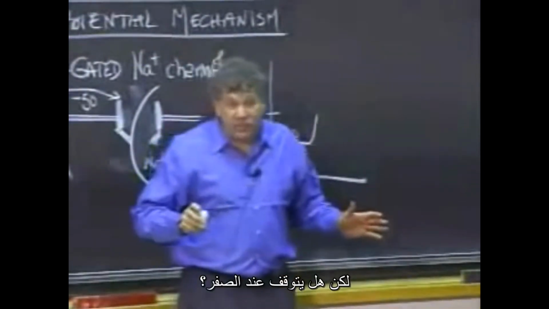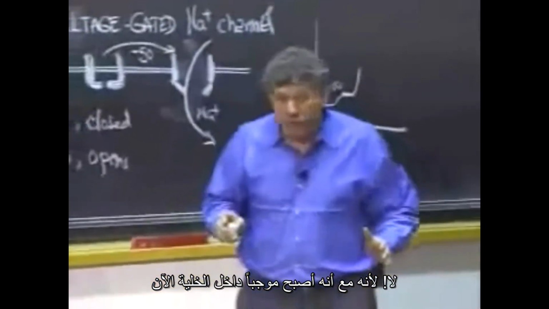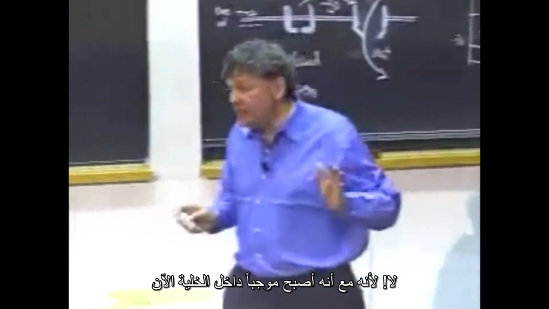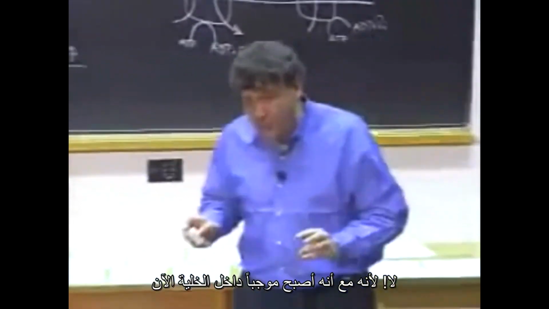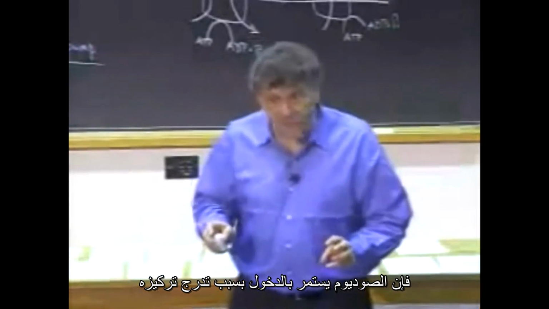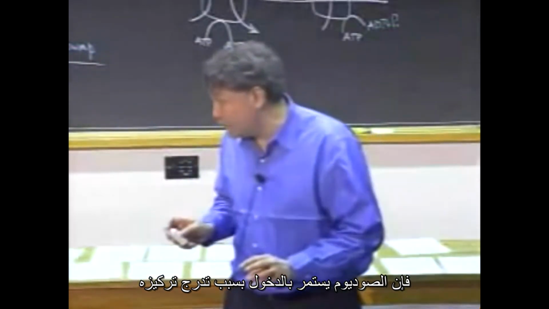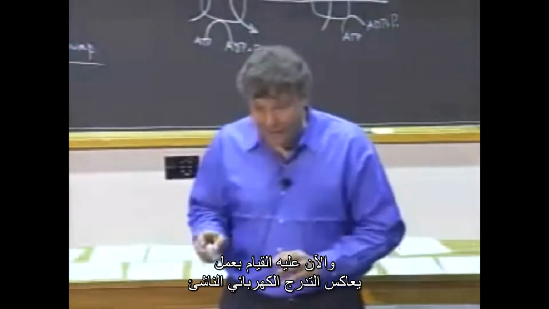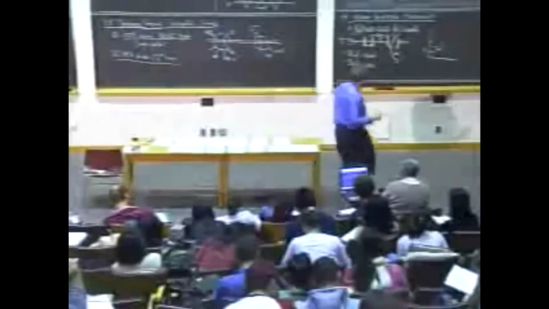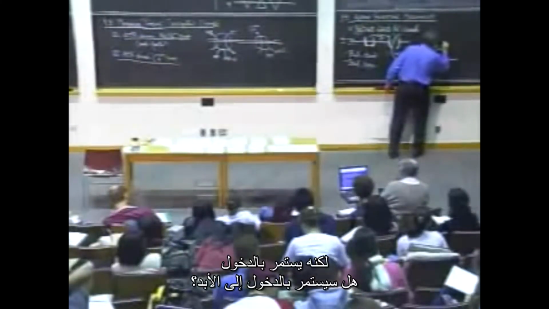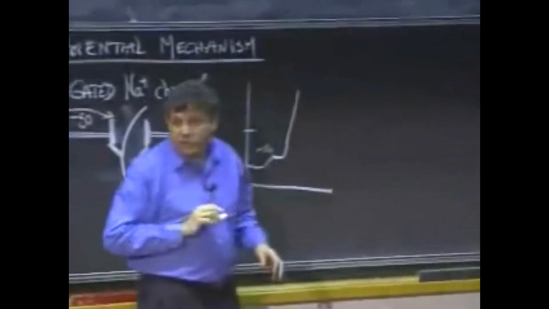Does it stop at 0? No, because even as the cell becomes positive in the interior, sodium still wants to keep coming in because of its concentration gradient. It now has to do some work against the electrical gradient, but it keeps going. Does it go on forever?